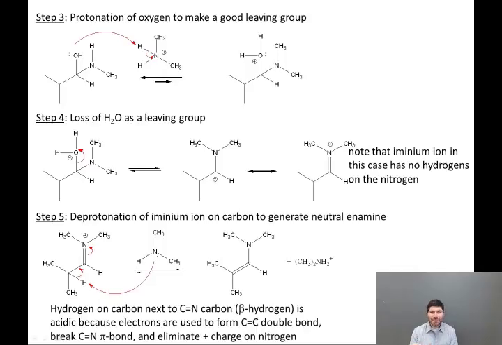But that C=N pi bond is really going to want to break because that nitrogen has a positive charge on it. So if we break the C=N pi bond and put the electrons onto the nitrogen, we are eliminating the positive charge, and we end up with the neutral enamine.